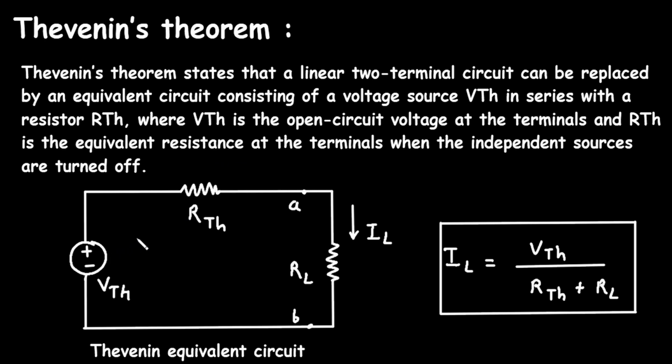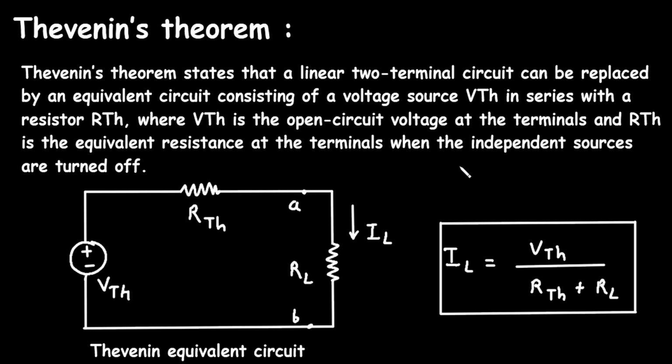When we turn off independent sources, there are two types of independent sources. One is the independent voltage source and the second is the independent current source. When we turn off independent sources, we have to replace them by their equivalent resistance. So, when we turn off an independent voltage source, we replace it by a short circuit.